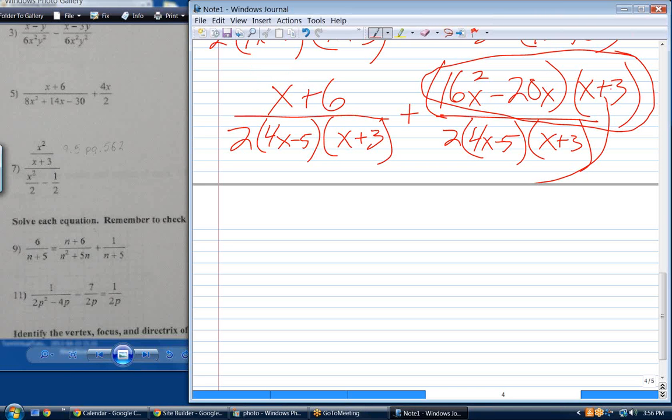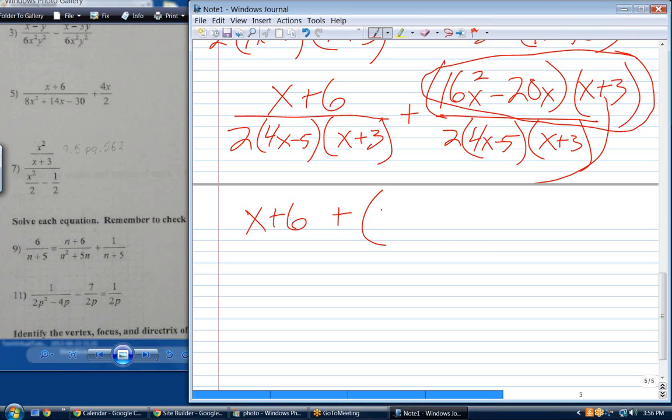So I don't want to leave this undistributed. So I've got x plus 6 plus, and I'll put parentheses just for clarification here. We need to FOIL these two binomials. Can you FOIL?